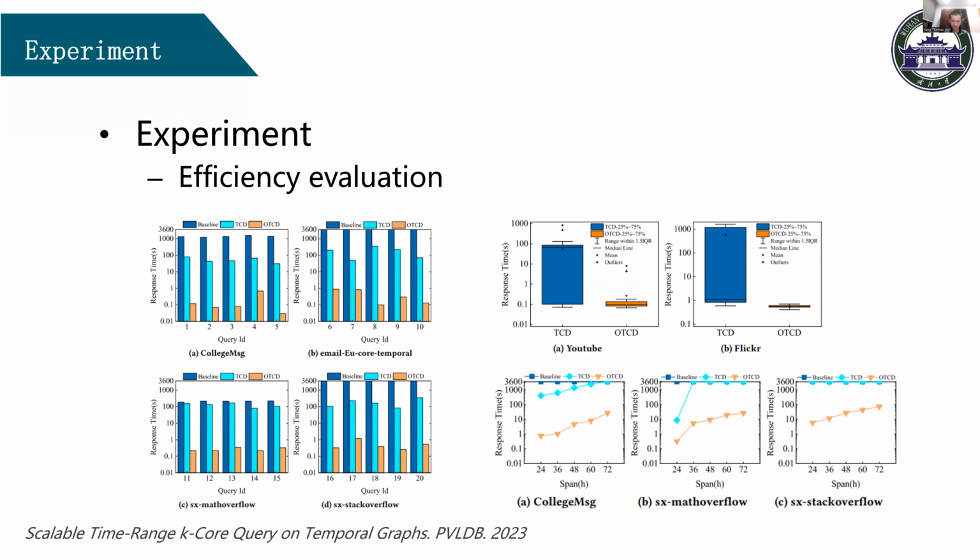We also conduct 2 other experiments to further evaluate the stability and the scalability of the OTCD algorithm. The results show that the running time of the OTCD algorithm is pretty stable, and is also not sensitive to the length of the query interval, which means it is scalable.